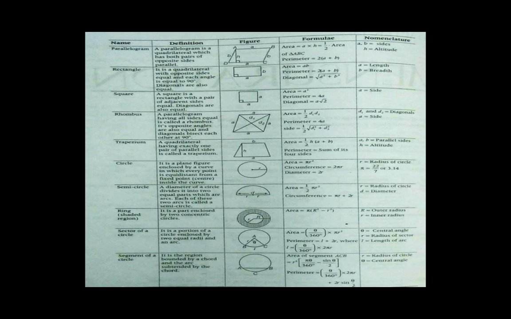In parallelogram both pairs of opposite sides are parallel to each other. So formula for area, area is A into H. That means half into area of ABC, triangle ABC.